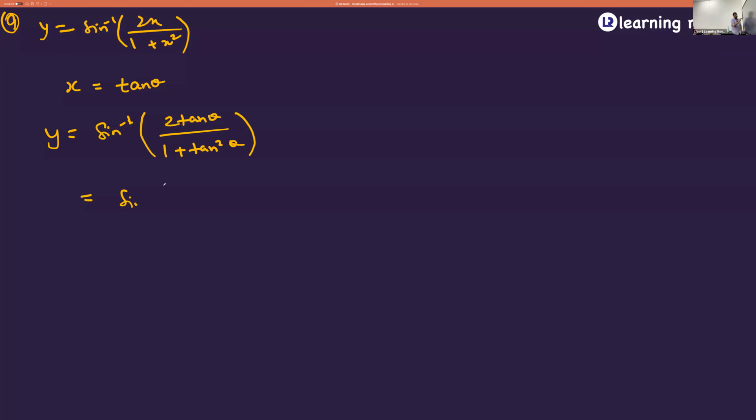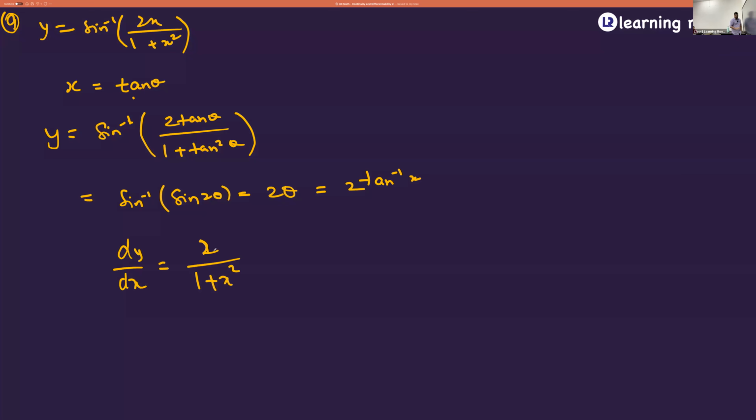This will be sin inverse of, what is this thing? It's not theta, it is sin 2 theta. So it is sin inverse of sin 2 theta, which is going to be 2 theta itself. So this will be 2 into theta, which is tan inverse x. So now you can solve it in one step. This thing is the same as y is equal to 2 tan inverse x. So what will be the answer? Dy by dx will be 2 by 1 plus x square, because 2 into the derivative of tan inverse is 1 by 1 plus x square.